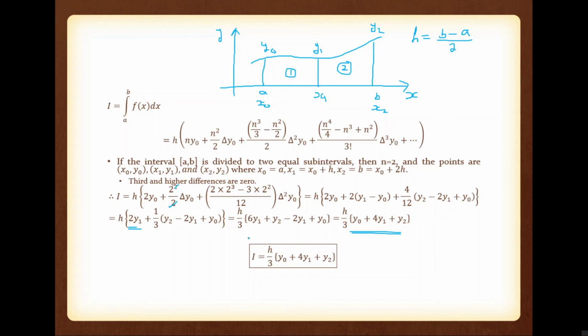Please note down the Simpson's one-third rule: I is equal to h by 3 into y0 plus 4y1 plus y2, where we divide the given interval into 2.